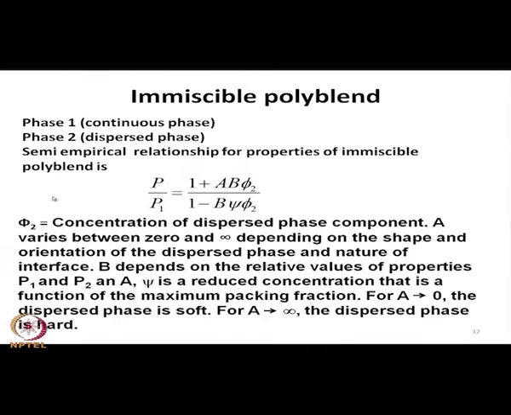In case of immiscible polyblend, if there are two phases, phase 1 which is continuous phase, phase 2 dispersed phase, but these two phases are immiscible.